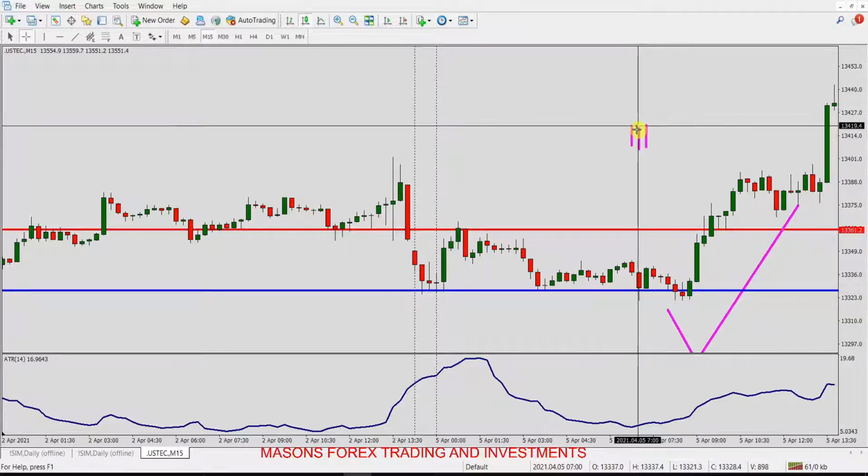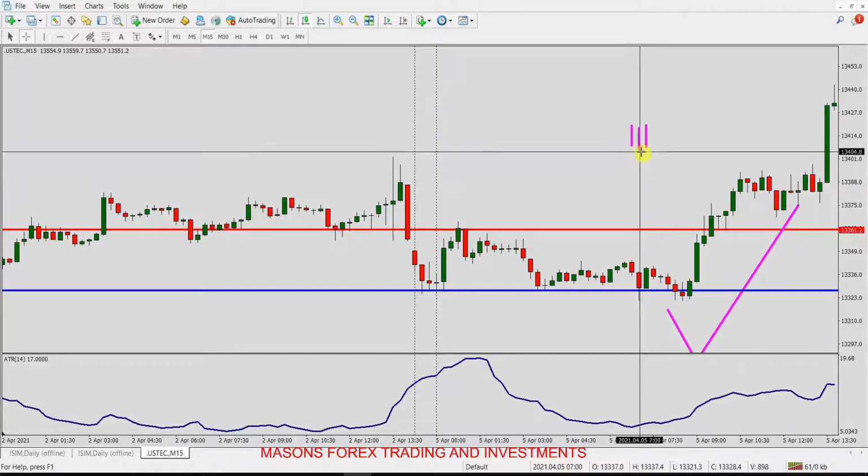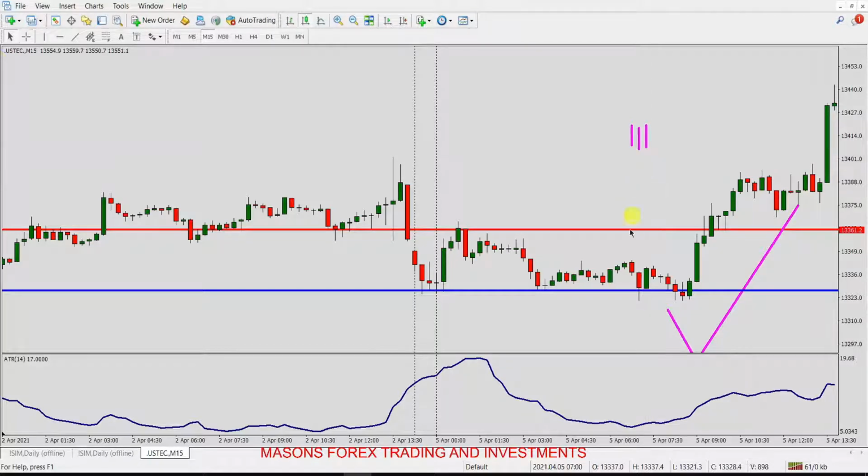If you look at this model, this figure or picture, I would place a stop loss 82, approximately 82 pips away. So let me show you what I would have done. I would place a stop loss approximately 82 pips.